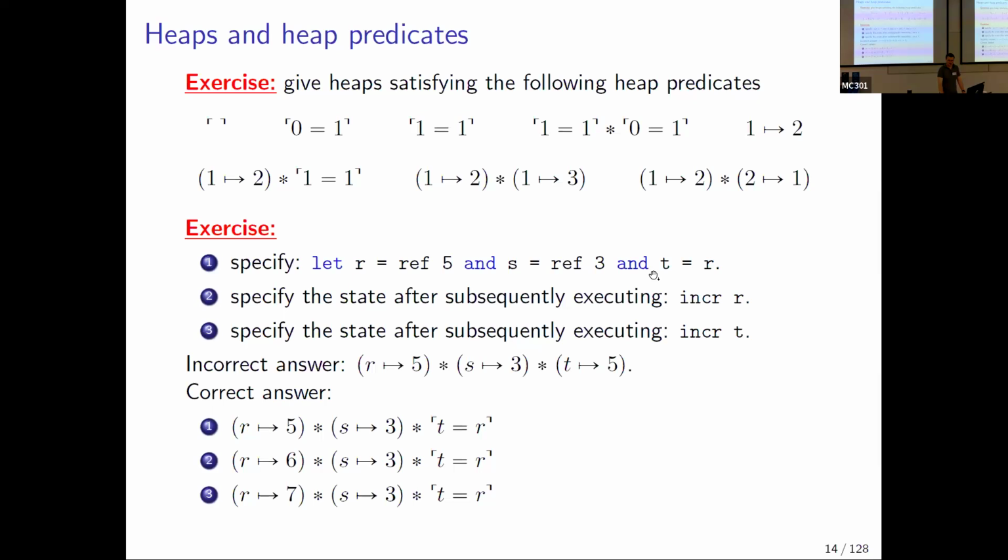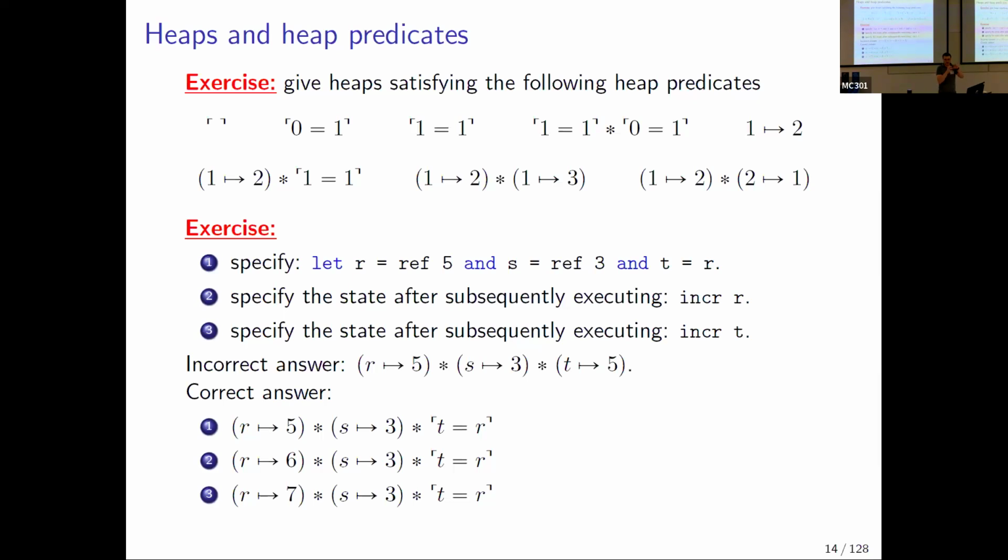But that's just the value they're pointing to, right? No, R and S and T are pointers, locations in memory. The actual value they have is a location, an address. So how you specify them is that R points to 5. You're not saying that R is equal to 5, you're saying that R points to 5, which is the heap there is a pair of R, 5.